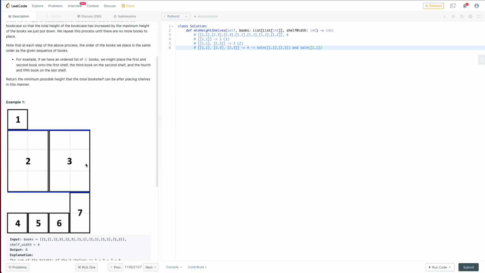So if I need to start a new shelf with a height of at least 3, then I should consider hiding the height here. Because I have to add 3 anyway, that's a sunk cost.